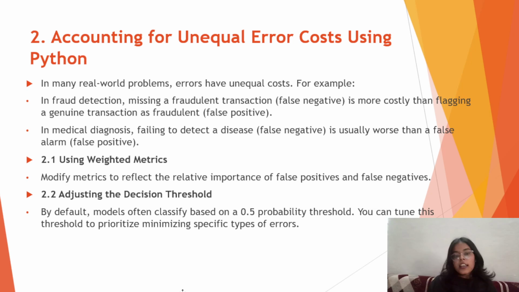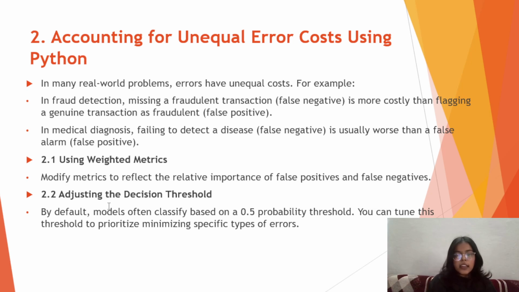There are two techniques: using weighted metrics which reflect the relative importance of false positives and false negatives. A false positive means the statement is false but it is predicted as true.